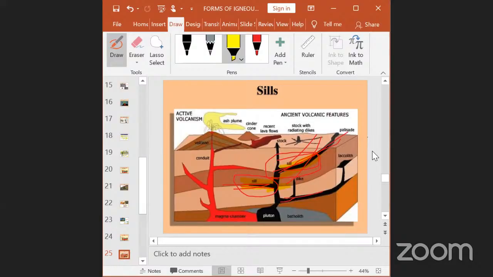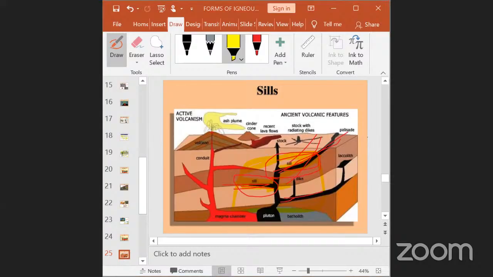Lava flows show an irregular surface and a vesicular character on the upper surface, whereas sills have more or less two flat and parallel sides.